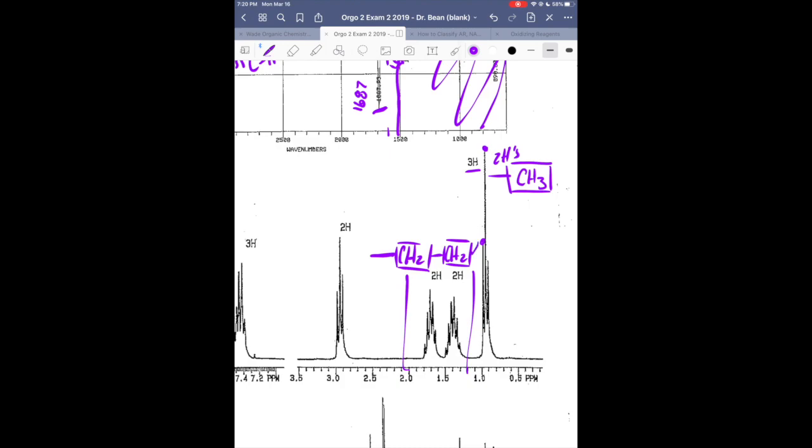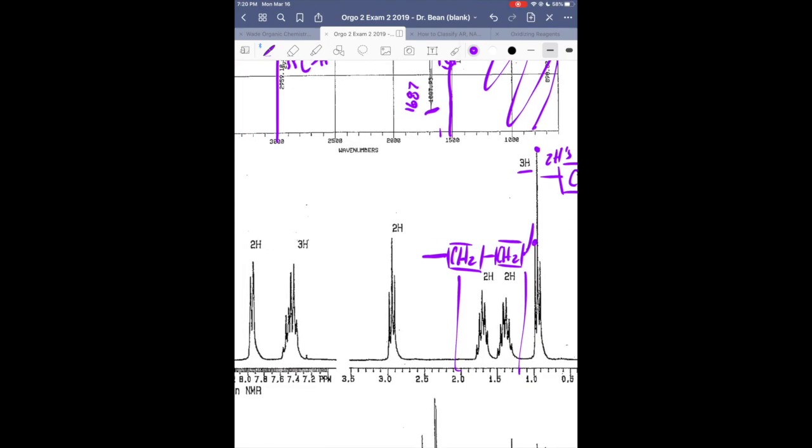So this is probably going to be connected to more CH2 from the other side. And this one here is going to be connected to something else that also has protons from the other side. They're not incredibly downfield. So that would fit the fact that they're not next to a carbonyl. They can't be because of the splitting pattern.